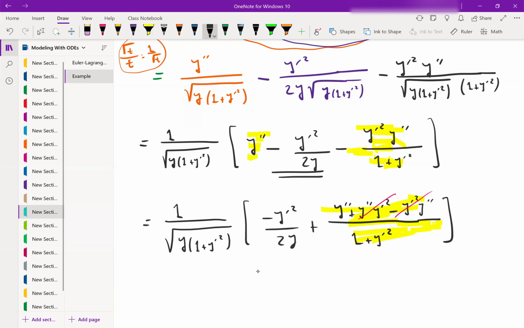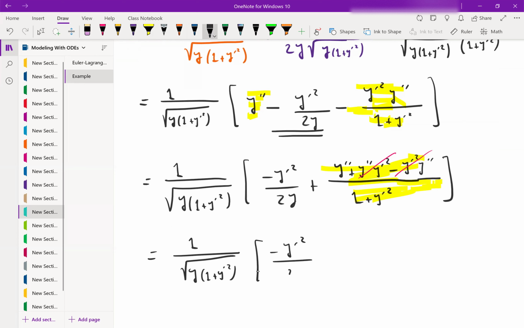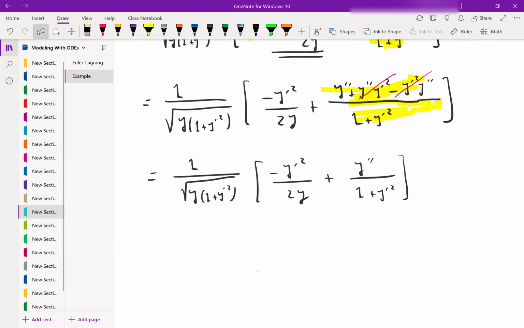So what we will have is 1 over a square root of y times 1 plus y prime squared times negative y prime squared over 2y plus y double prime over 1 plus y prime squared. A very good practice for your calculus skills. This is the left-hand side of our Euler-Lagrange equation.